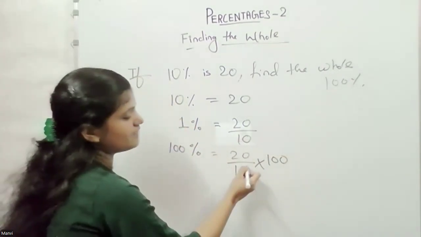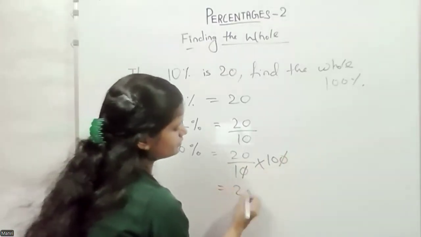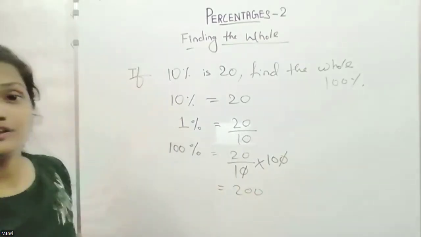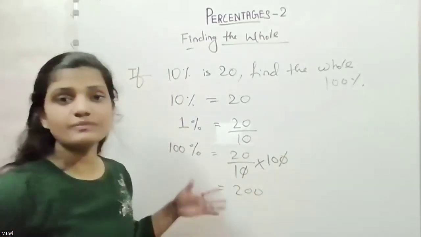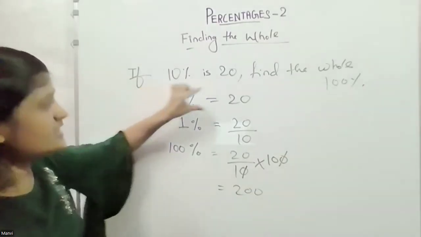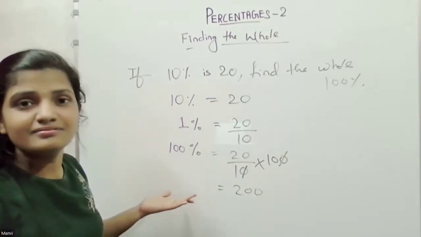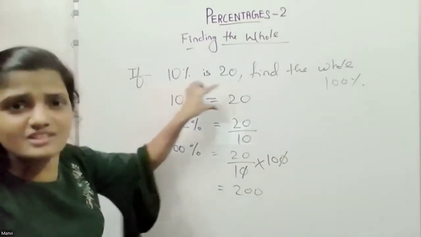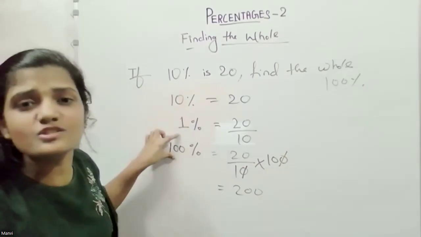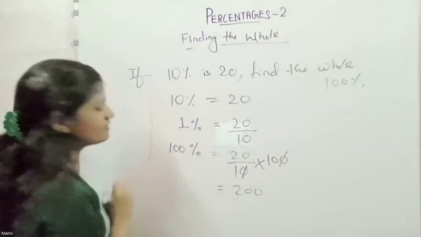Now just simplify this. The 0 cancels. 20 times 10 is 200. So the answer will be 200. You can easily imagine it, Kavya: if 10% is 20, then 100% is 200. This is the way we are solving this.